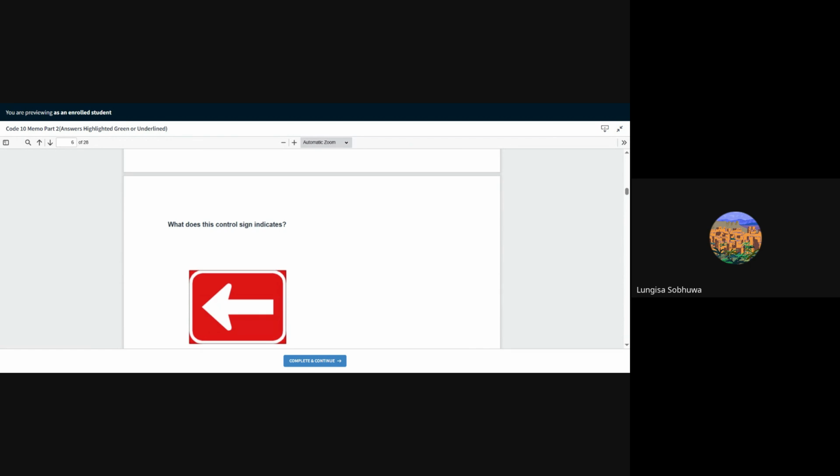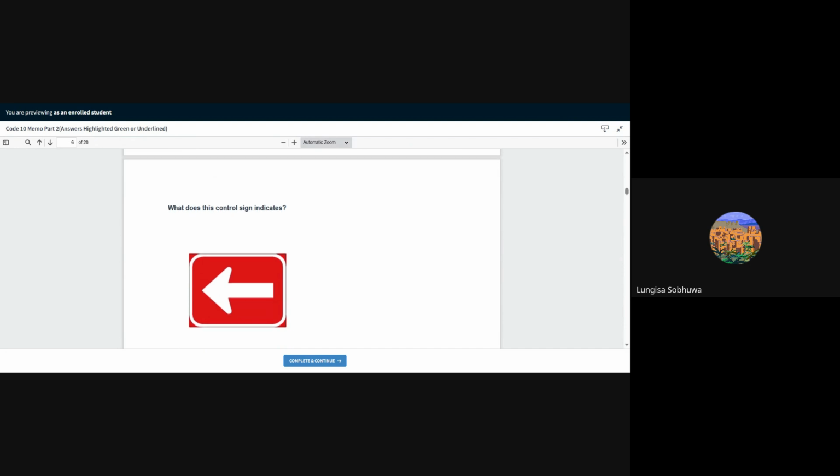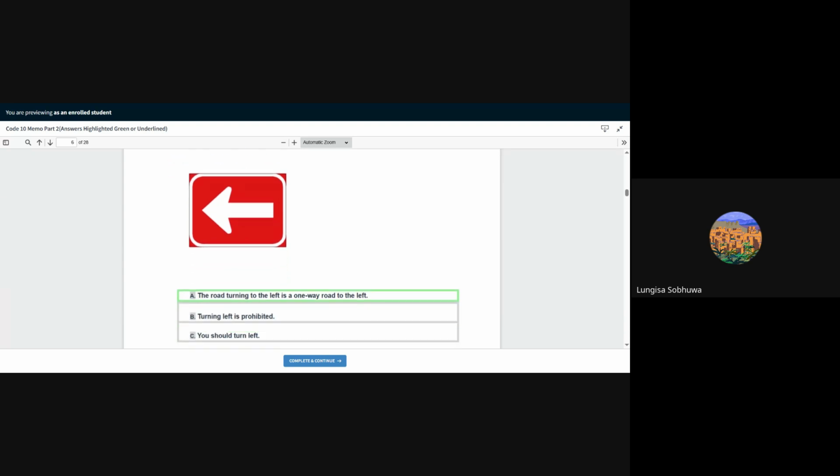Next question, what does this control indicate? Let's look at the options.